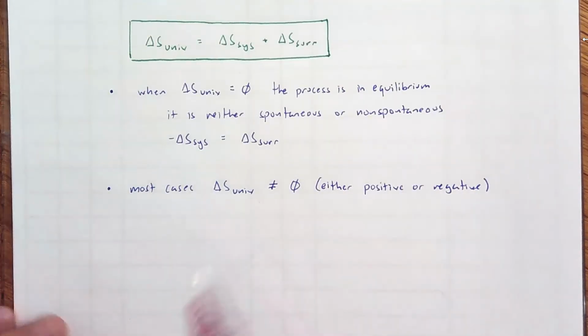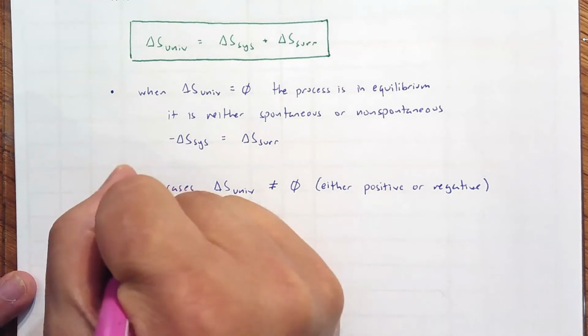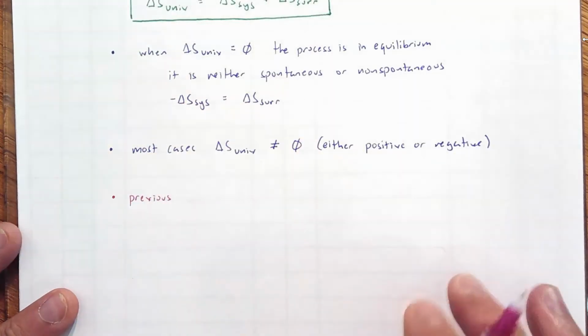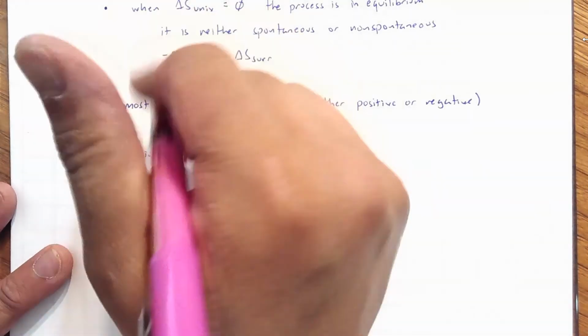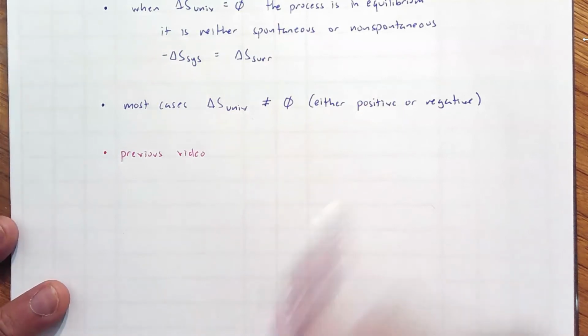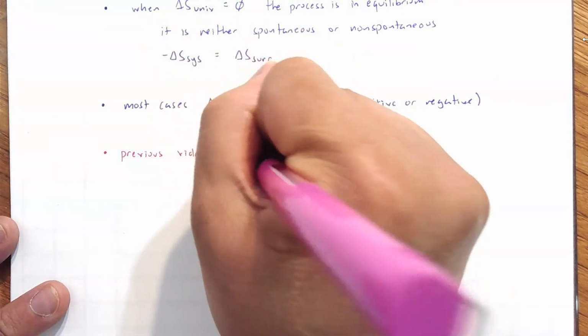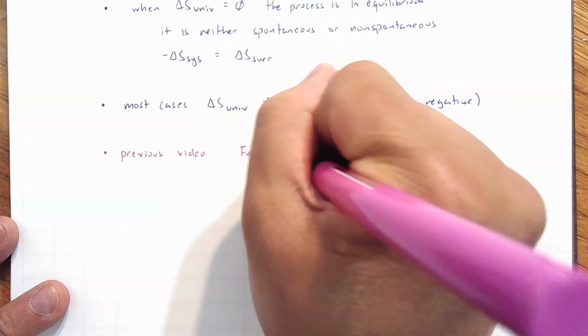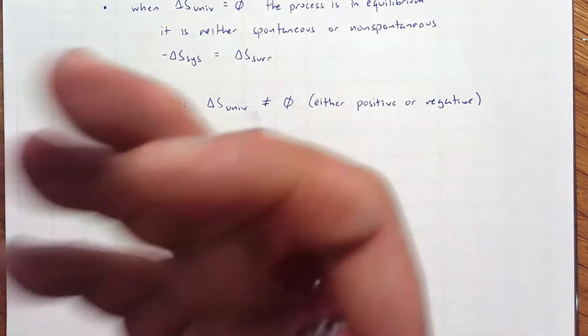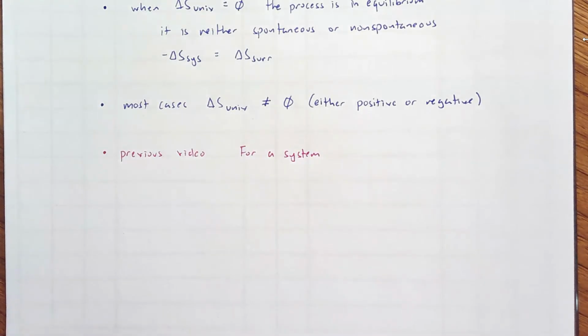In a previous video, we talked about temperature and volume and how that affects entropy. Now this is for the system. What can be a system? A collection of gas molecules or a chemical reaction.